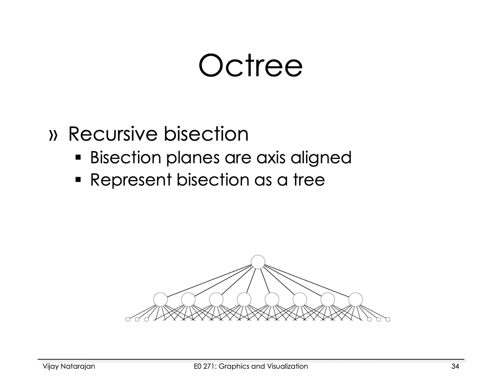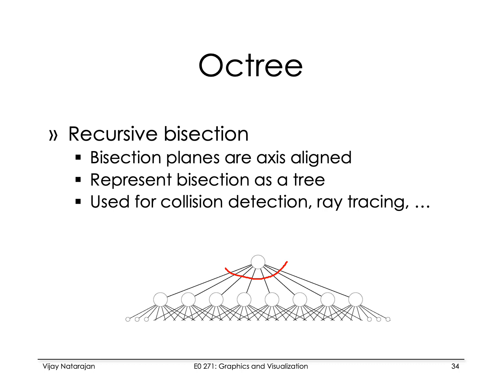So your planes are axis aligned, and the fan out here is 8. The Octree is a highly popular data structure. It's used heavily in graphics, but it's used equally well in robotics for collision detection and so on. And in graphics, it is also used for ray tracing.